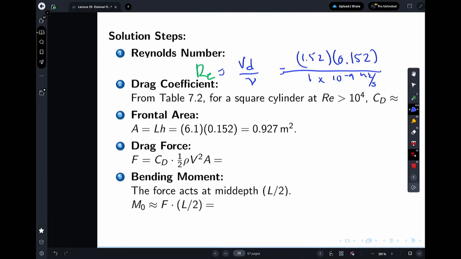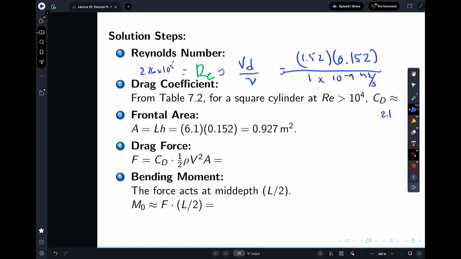So you have a Reynolds number with all the parameters given of 2.26 times 10 to the 5th. C sub D is equal to 2.1.